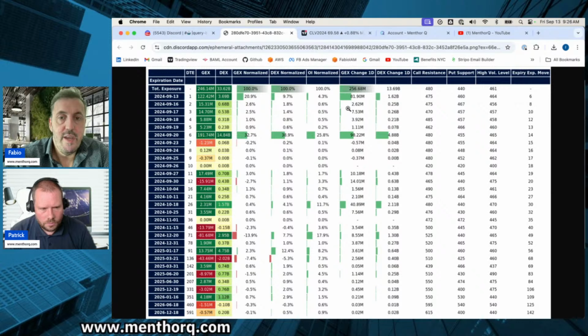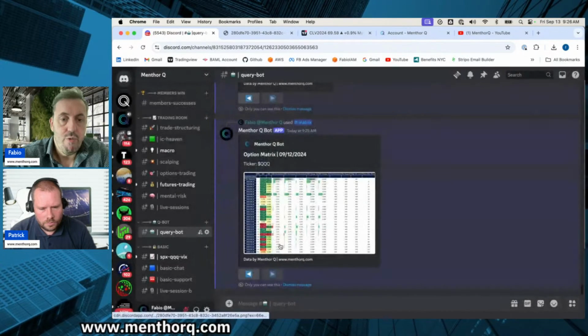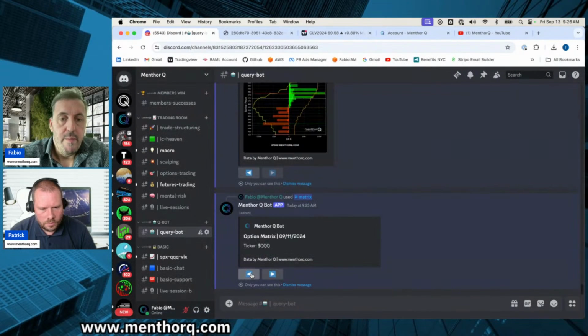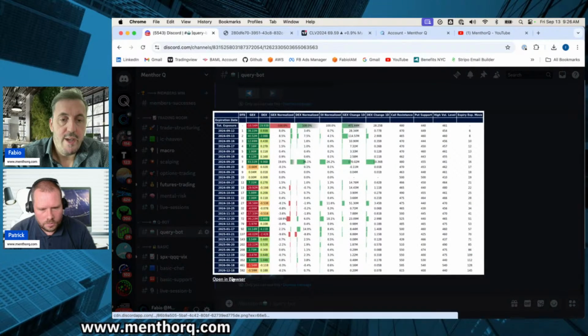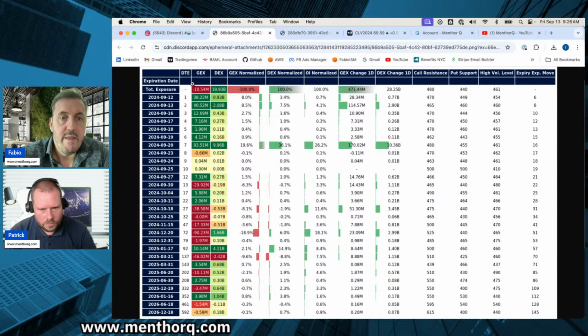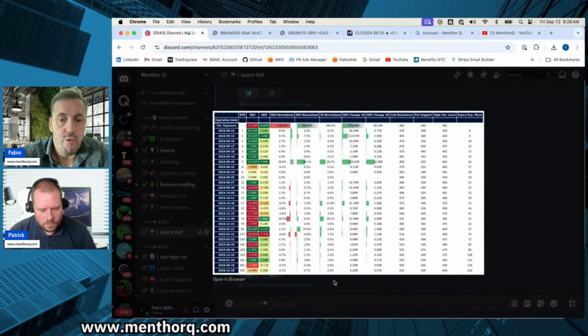From yesterday to today, we saw an increase in gamma. We can see that we are now in positive gamma here. So it's green. But if we scroll back to yesterday, the picture was a bit different. We actually were in a negative gamma environment here. So this is the gamma levels environment from yesterday, kind of negative on QQQ.